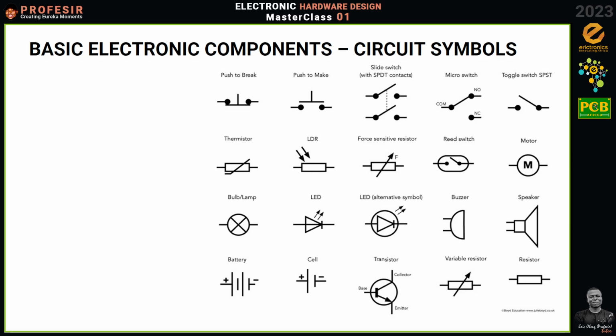That will be so inconvenient. So we actually have symbols representing all these components, right? Any electronic component that you can think of, there is something called an electronic symbol or a circuit symbol, a symbolic representation of that component, right?